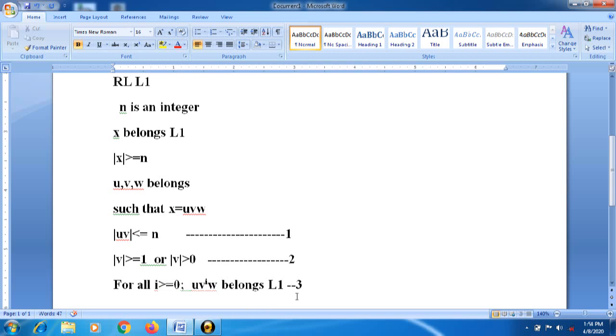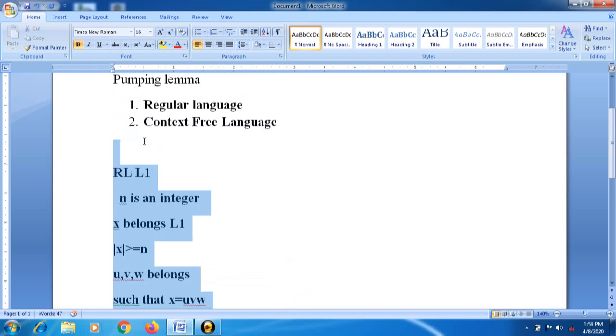Thus, if a language is regular, it always satisfies the pumping lemma, otherwise not. If there exists at least one string made from this pumping lemma which is not in L, then that L is surely not a regular language. So, this is the proof for the pumping lemma for regular language.